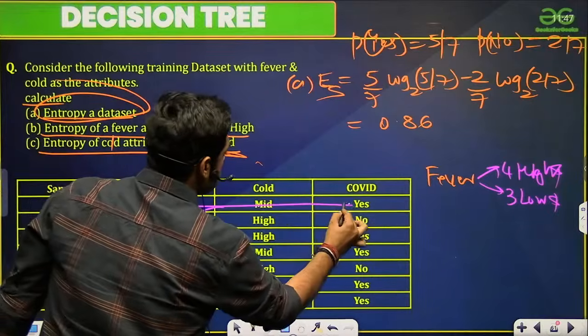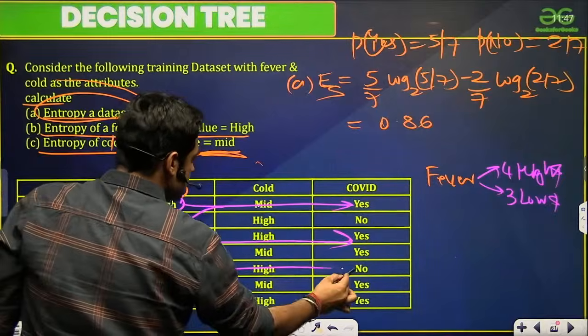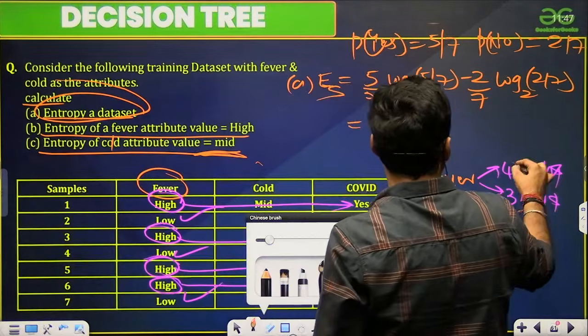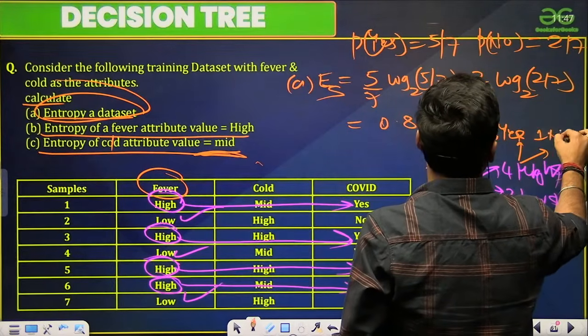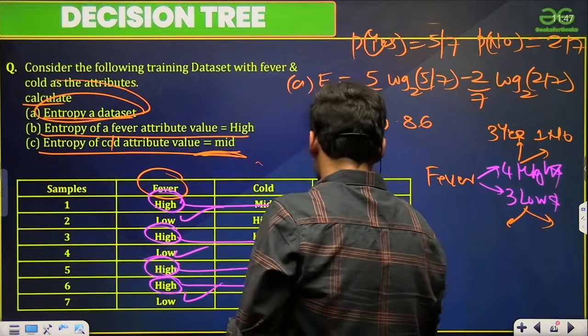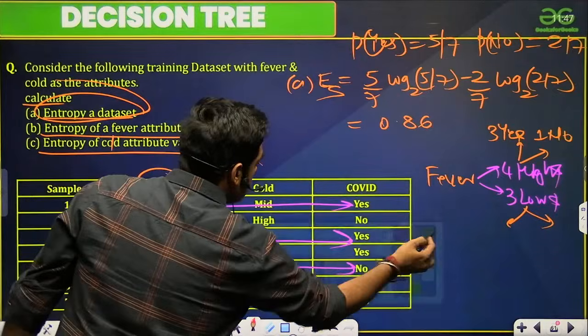And for these 4 highs, how many yes are there? I have 1 yes, 2 yes, 1 no and 3 yes. So for this I have 3 yes and 1 no. And for the class low, how many yes and no are there?